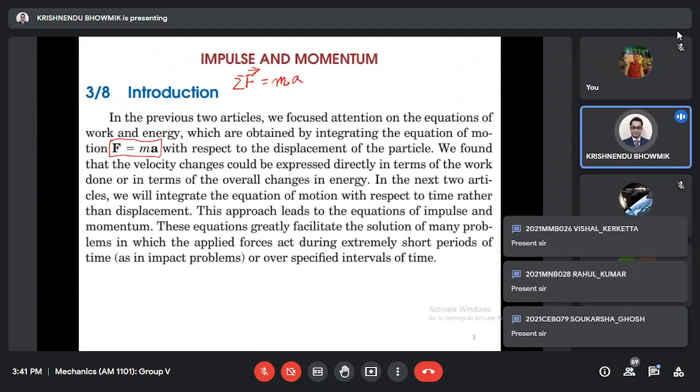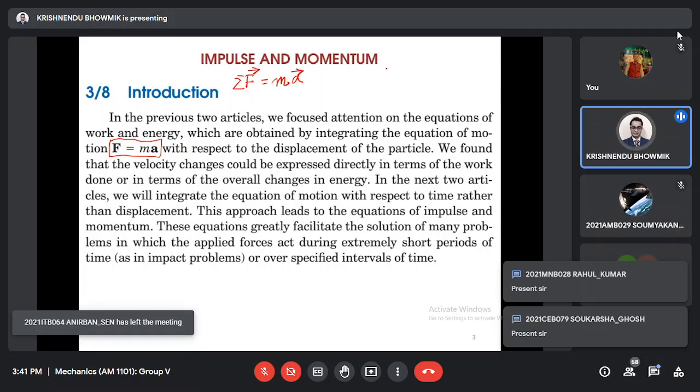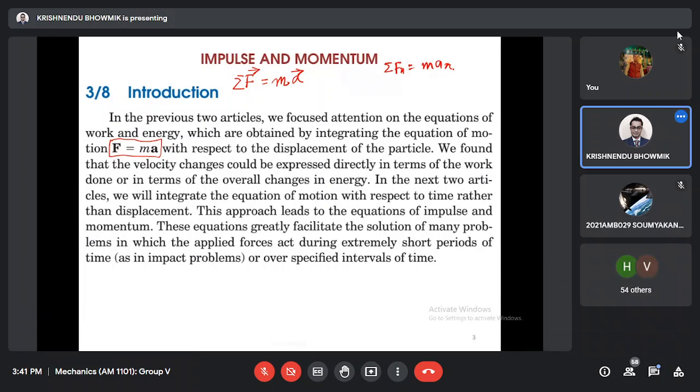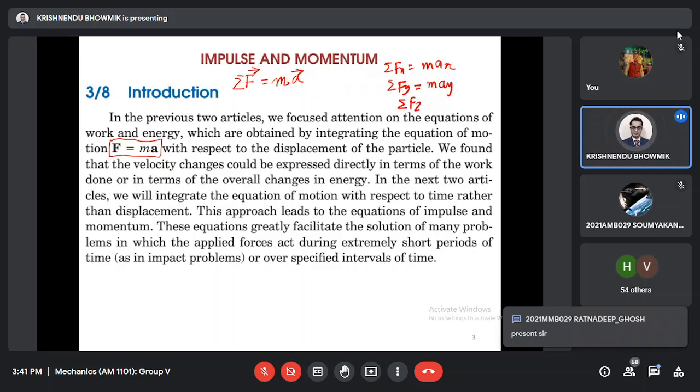In component form, summation Fx equals max, summation Fy equals may, summation Fz equals maz, component wise.